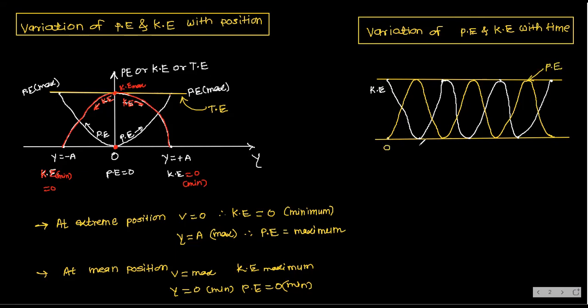Now this is 0. This is T by 4. Next is T by 2. Then 3T by 4.